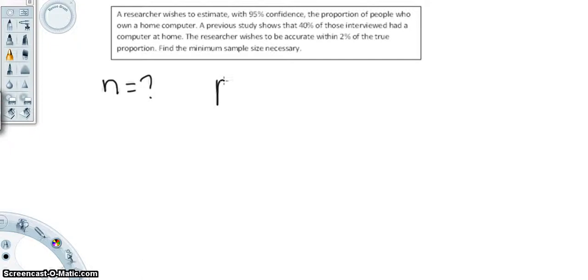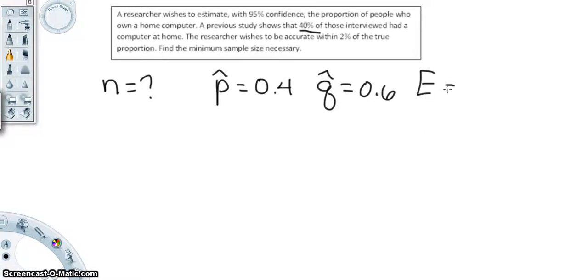We know that p hat is going to be equal to 0.4 from our 40% of people who own it. Our q hat is going to be equal to 0.6 because it's the complement. We also know that e is going to be equal to 0.02 from the 2% here. And then we need to look at what is z sub alpha over 2 for 95%.